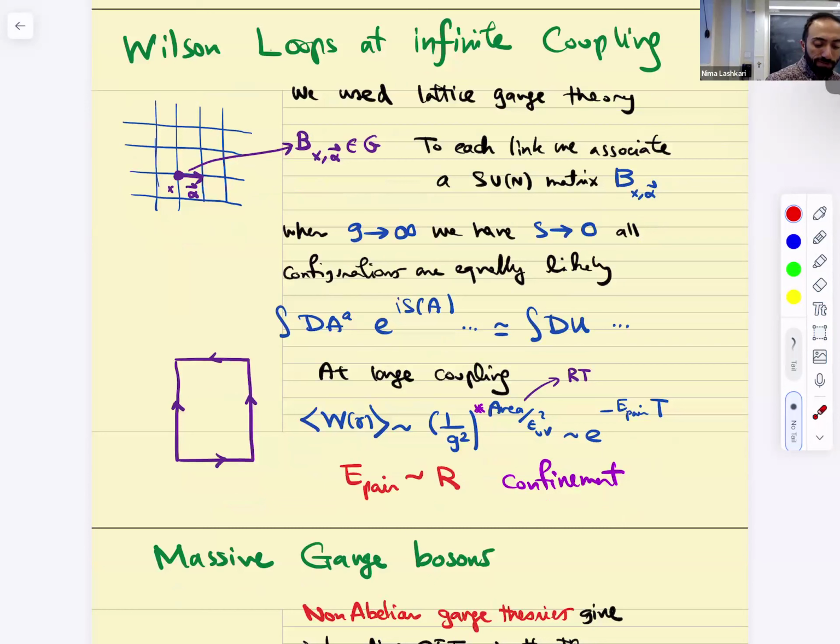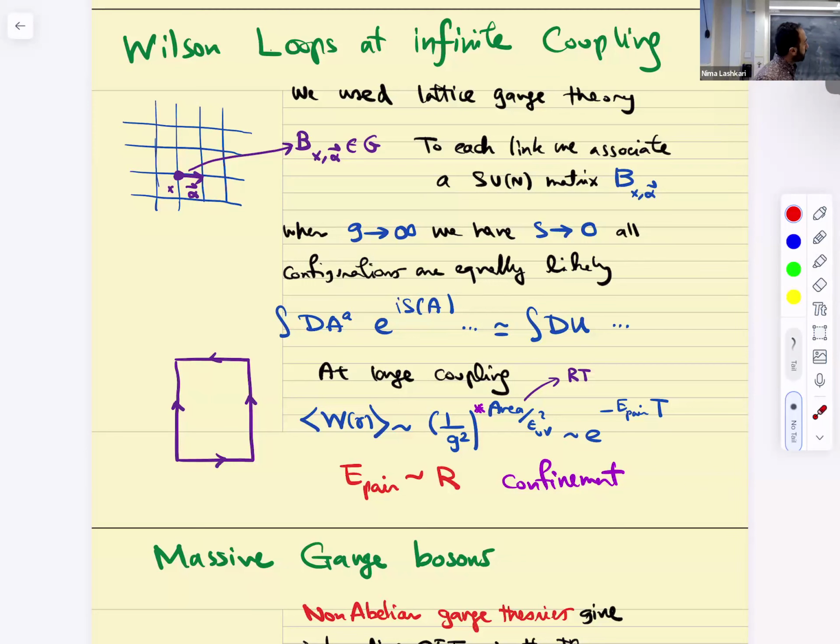As g goes to infinity, the gauge field action goes to 0, which means that all configurations are equally likely. The action that was initially giving us the weight in the path integral drops out. It just becomes 1 for everything. So you end up with just a Haar random integral for every unitary on each link.